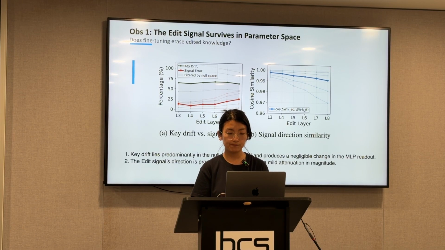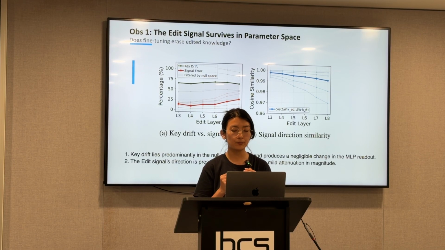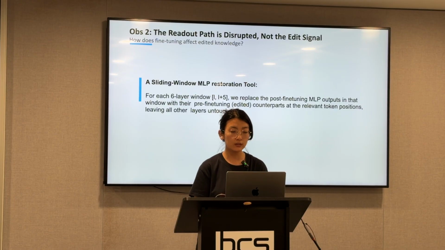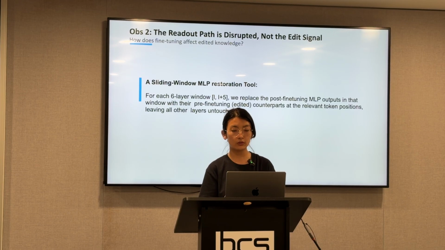Thus, we hypothesize that what causes the edit accuracy collapse lies not in the edited layers themselves, but in how the model decodes the preserved signal into the final prediction. For the second key observation, we use a sliding window MLP restoration tool.